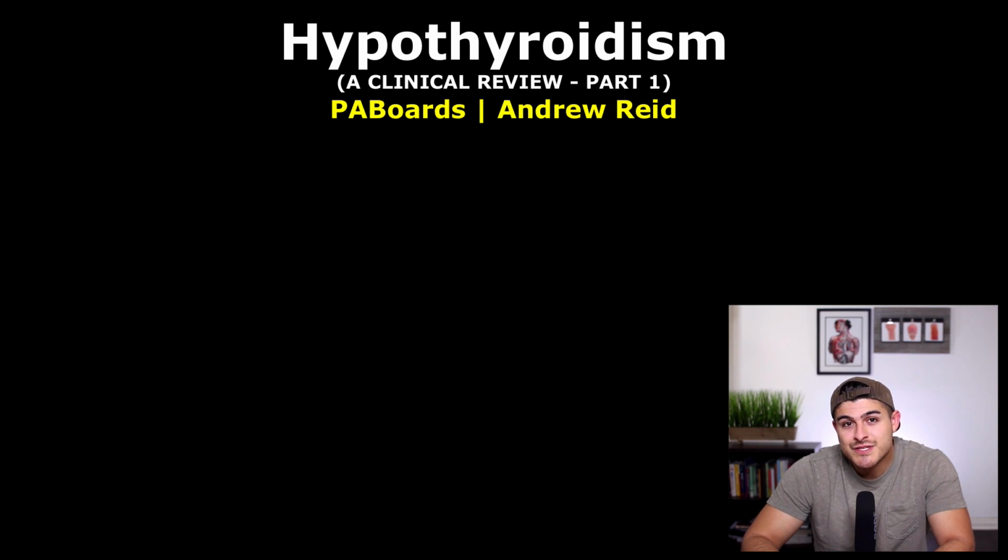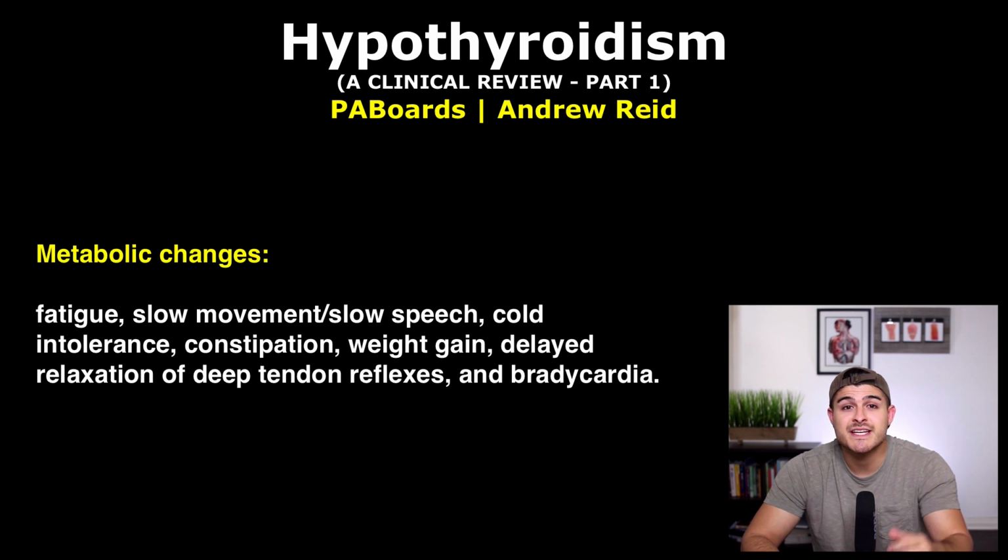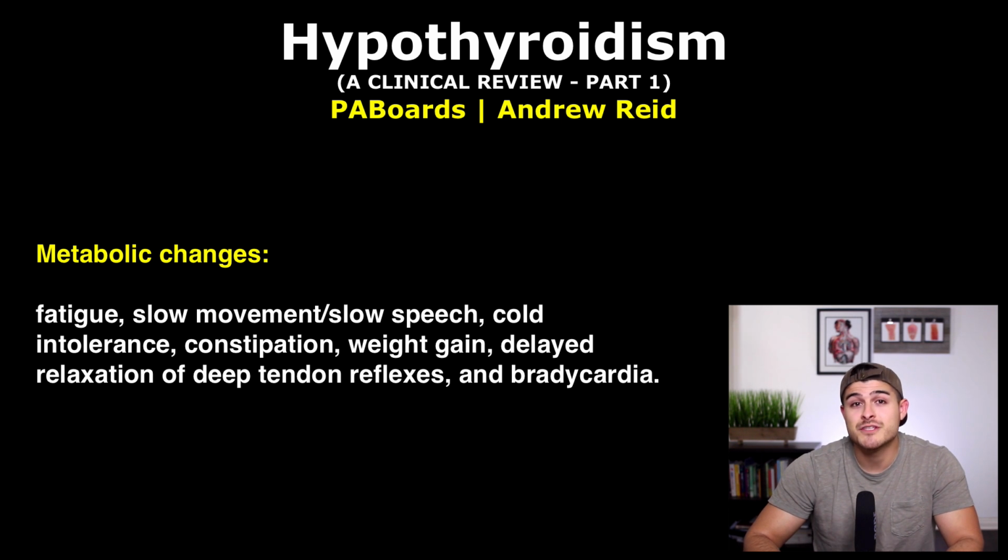All right, so let's get into some clinical features here. Now, we're really going to have two different things that are going to be occurring. We're going to have slowing of metabolic processes, and we're going to have accumulation of these long-branched polysaccharides. So let's start off with the metabolic changes that occur in hypothyroidism. We all know that people get lethargic, we have fatigue. We have slow movements, slow speech. We have the classic cold intolerance that occurs, constipation.